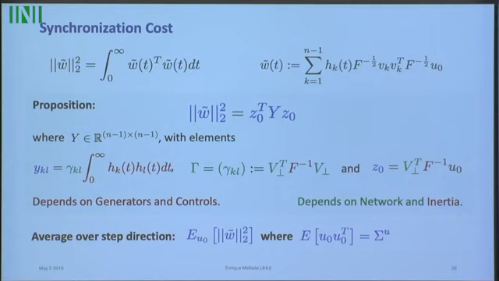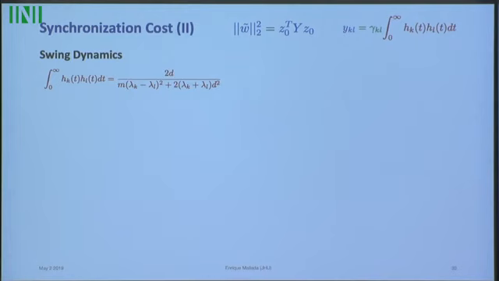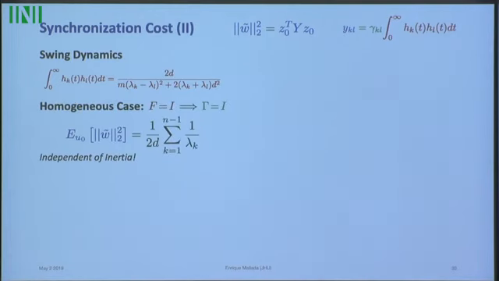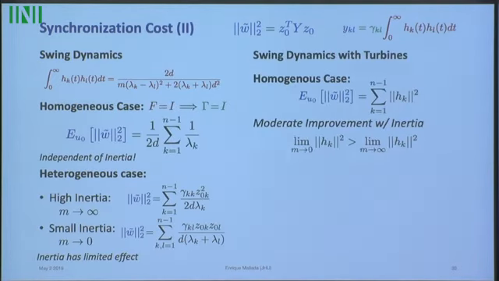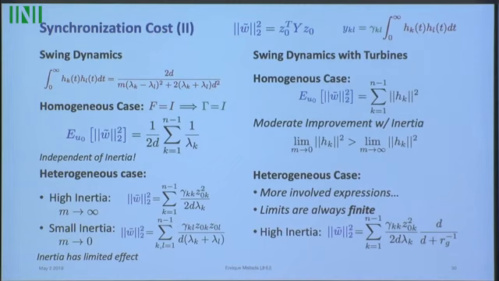Now, for the sake of time, I'm not going to go through the detail of the swing dynamics case and the computation for the turbine. But let me just say the following: what we see from the numerical analysis is that, in general, a change in inertia gives you finite values of synchronization cost for any value of the inertia that you put.